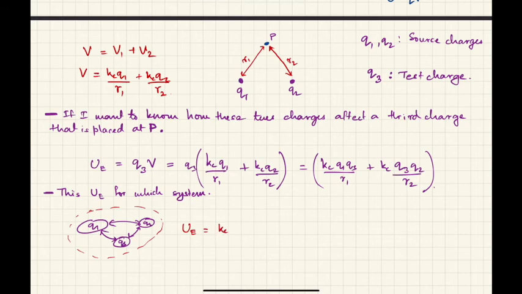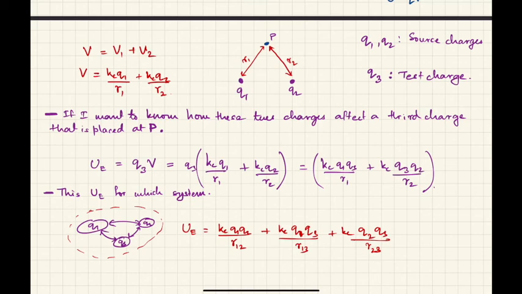So that's Kc Q1 Q2 by R12, plus Kc Q1 Q3 by R13, and Kc Q2 Q3 by R23. So all possible combinations. There's 1's interaction with 2, 2's interaction with 3, and 1's interaction with 3. So there are these 3 possible combinations that I need to write down, and that gives me the total energy.